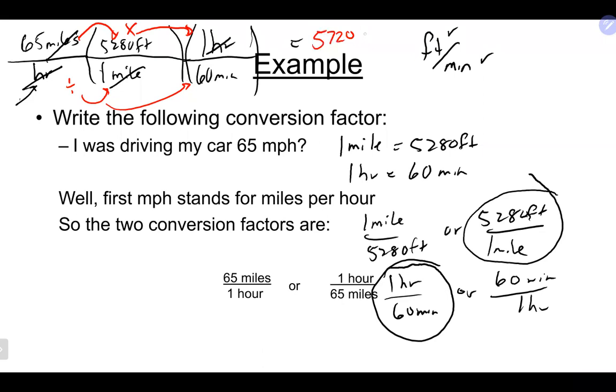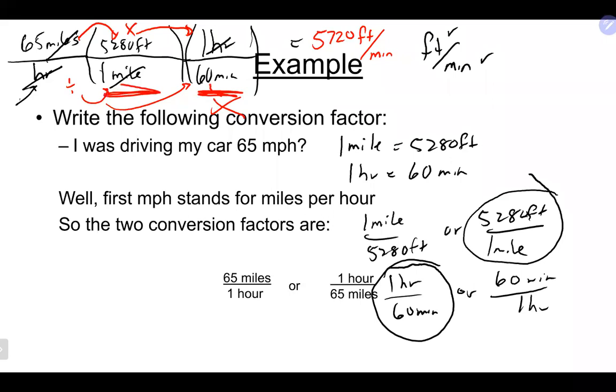The units here, once again, are feet per 1 minute. So the number stays with the top unit, and it's always 1 on the bottom. Significant figure-wise, what should my sig figs be? This is an exact number, which means we don't need to worry about it.